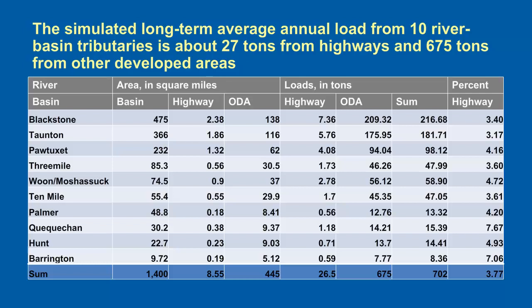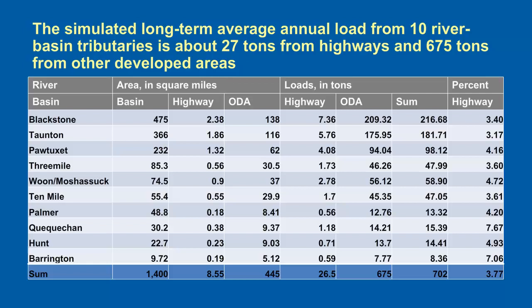The simulated long-term average annual load from 10 river basin tributaries to the Narragansett Bay is about 27 tons of total nitrogen from the highways and, if the International BMP database values are used, 675 tons of total nitrogen from other developed areas. This table shows the area of the basins, highways, and other developed areas, the loads from the highways and other developed areas, the sum of these runoff loads, and the percentage of runoff loads comprised of highway runoff.